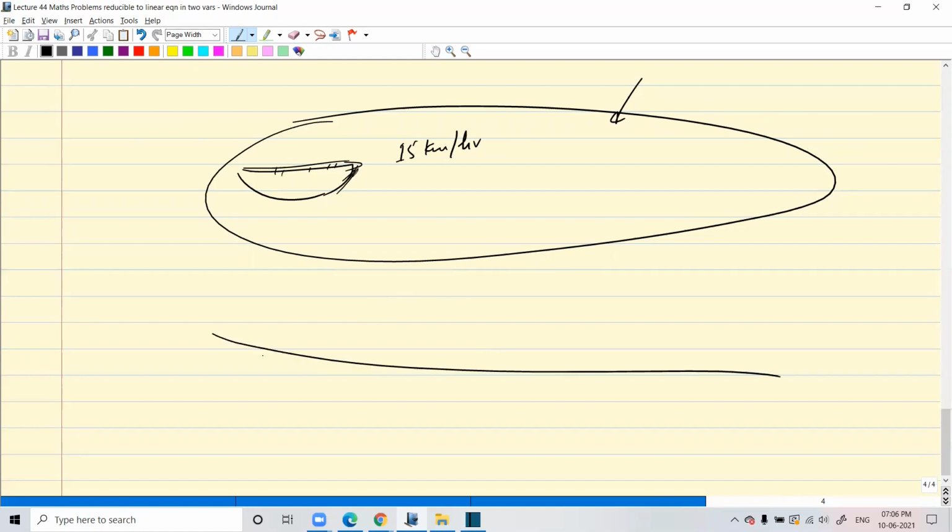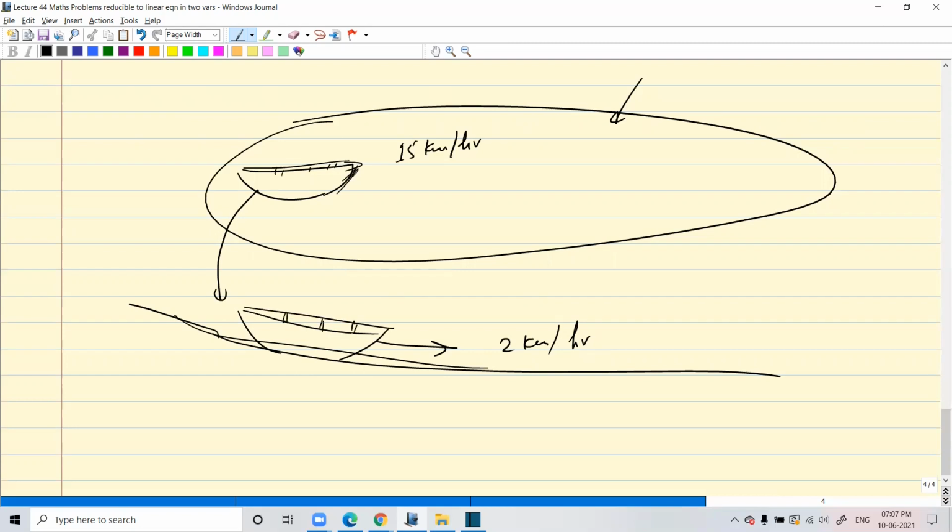But if you put the same boat in a river which is flowing, and let's say the speed of the water is 2 kilometers per hour, the river is flowing downwards at 2 kilometers per hour. Now I'm going to bring this same boat into this river.